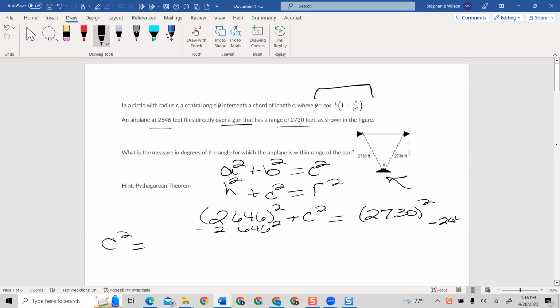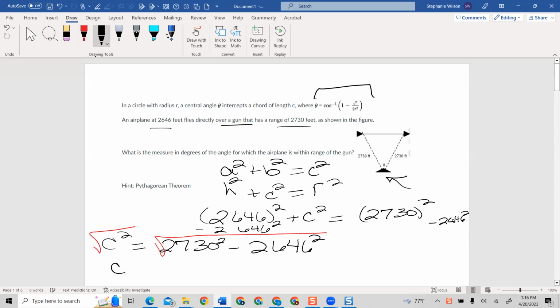You can go ahead and compute the number, or you can wait and do it at the end. So now I got 2,730 squared minus 2,646 squared. And then I need to square root both sides because I want c. So I'm going to square root both sides.